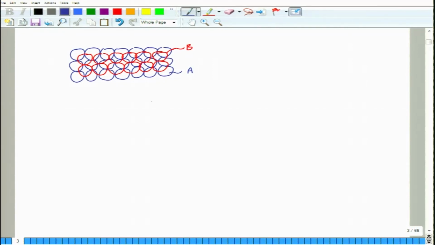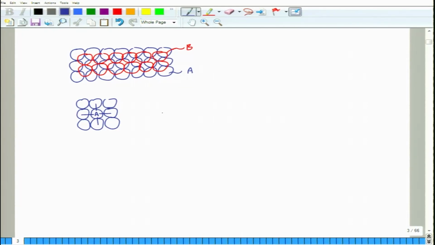However, in this case you can see that the A layer is not closely packed. The number of atoms which surround each A atom in this case is different. If you look at the number of nearest neighbors in the A layer, with this kind of packing, and take this particular A atom, you have one this as a nearest neighbor, another one this, another one this, and another one this.